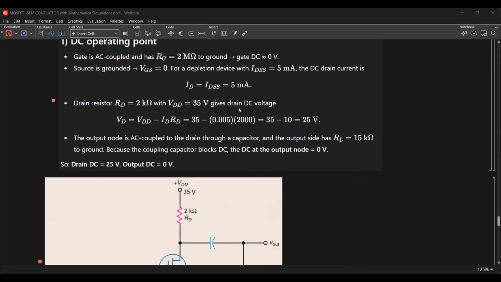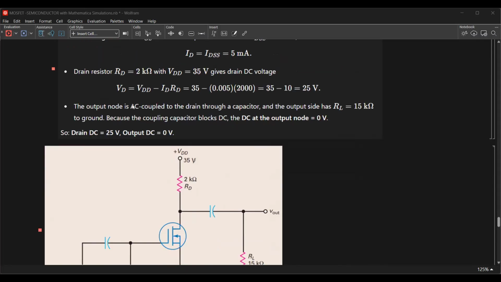The voltage at point D is equal to VDD minus ID RD. So we have 35 minus 0.005 times 2000, which is equal to 25 volts.